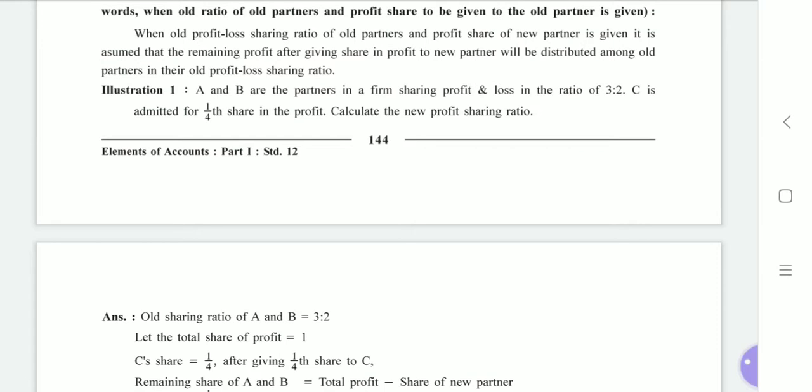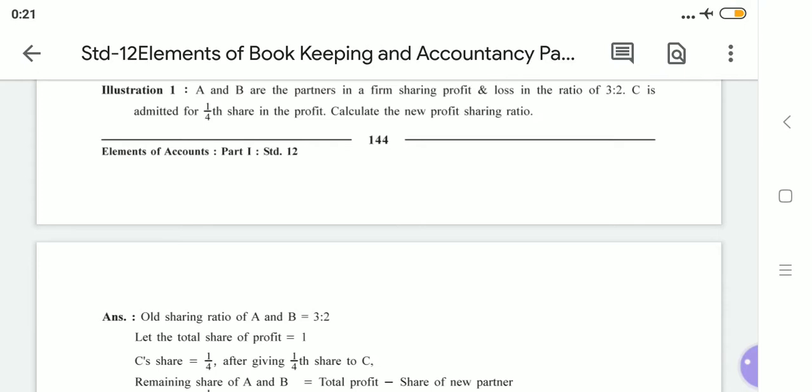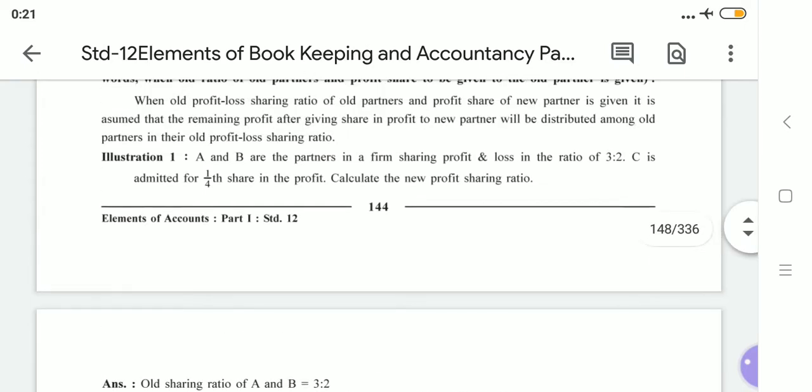Now, after the admission of C, the profit is to be distributed among 3 partners in equal proportion. If the proportion is equal, then the distribution will be 20,000 each. So, you can note from this that the share of the old partners is reduced as a result of admission of a new partner.